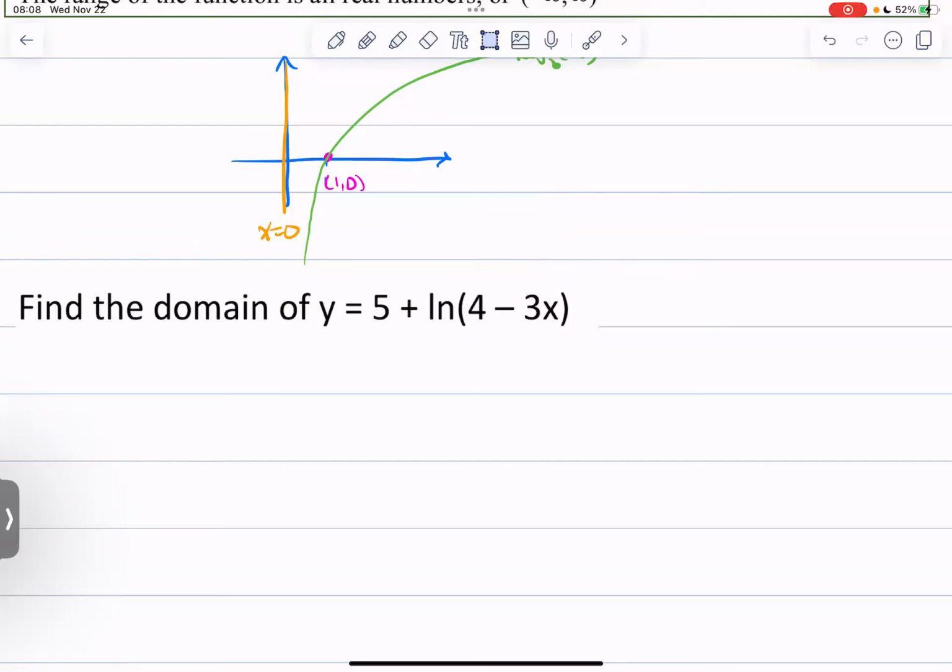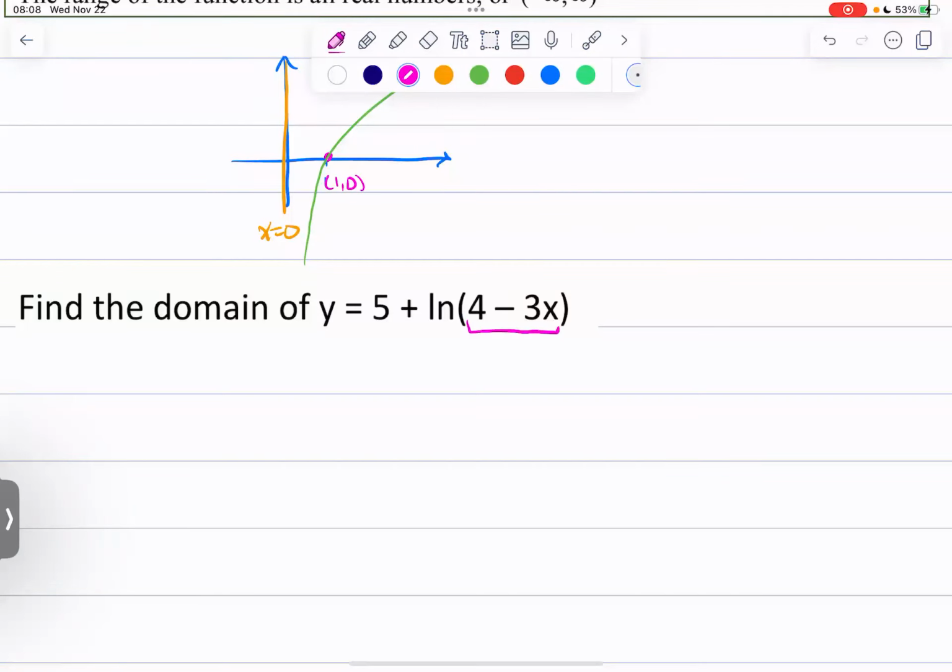We have to find the domain of y equals 5 plus the natural log of 4 minus 3x. We add that we can't take the log of 0 or a negative number to the list of we can't divide by 0 and we can't take the square root of a negative number. So we're just building out our things to look out for.